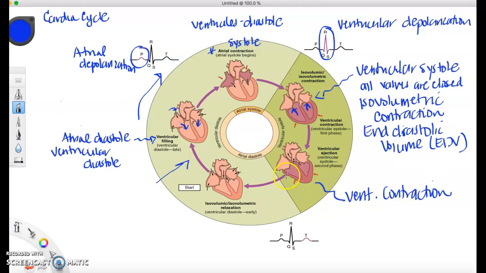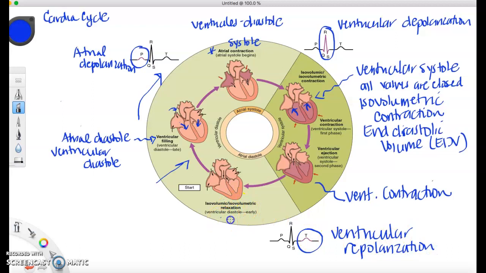All right, so during this time, now we're entering the T wave, which is ventricular repolarization.